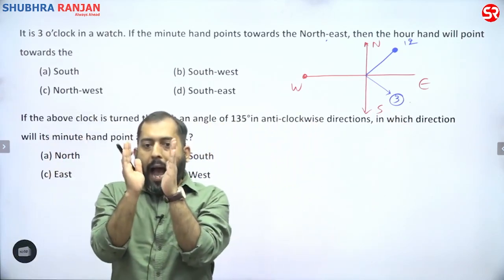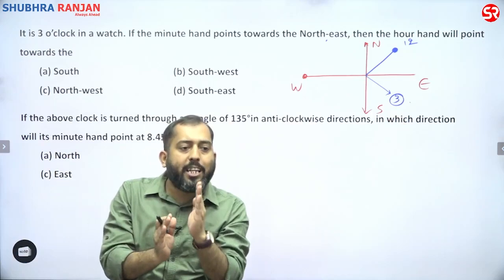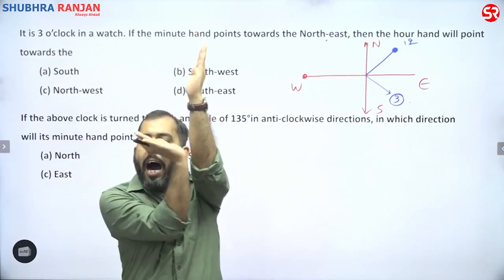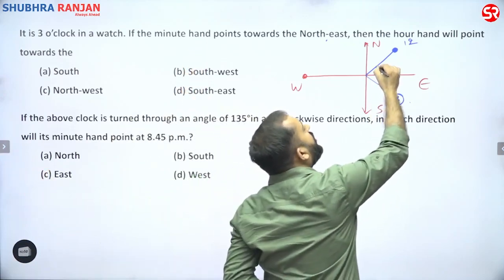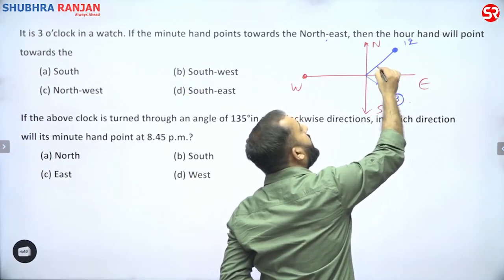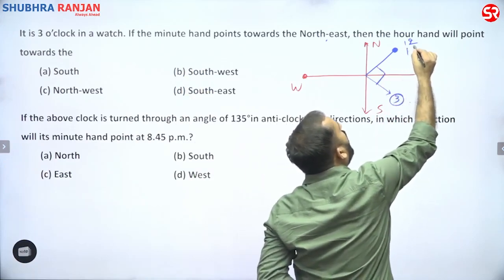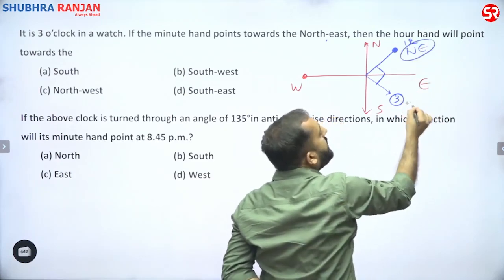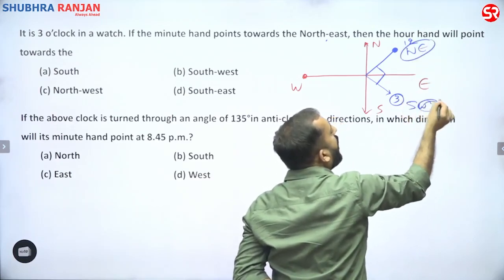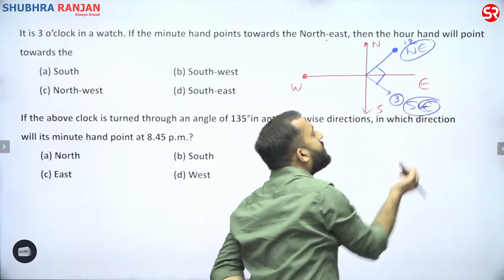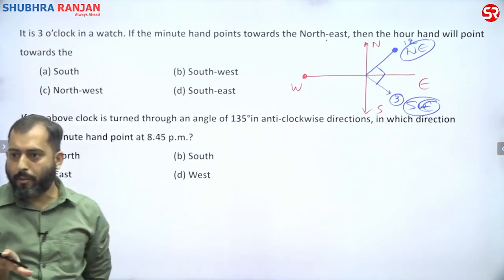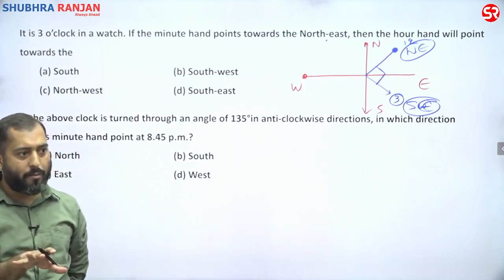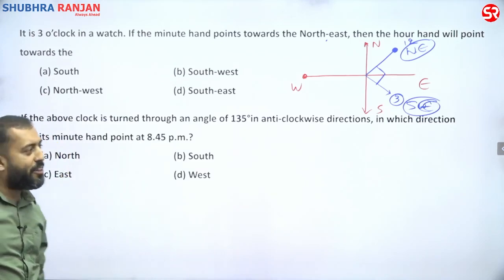Because at 3 o'clock, minute hand is pointing towards 12, hour hand is pointing towards 3, and I know the angle at 3 o'clock is 90 degree, and this direction is northeast, then this direction has to be southeast because angle between northeast and southeast is 90 degree. Agreed बच्चों? Clear है सबको? Try the second one.